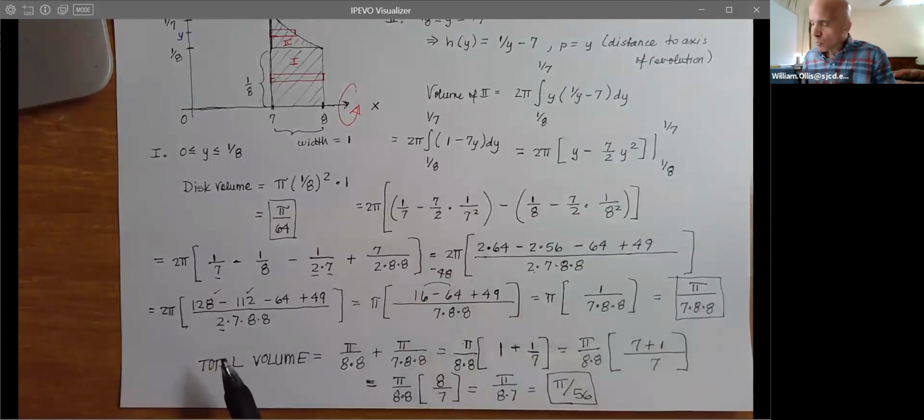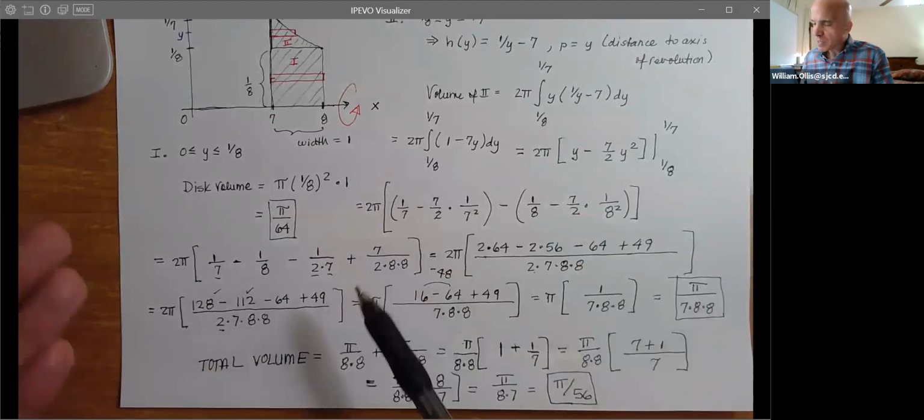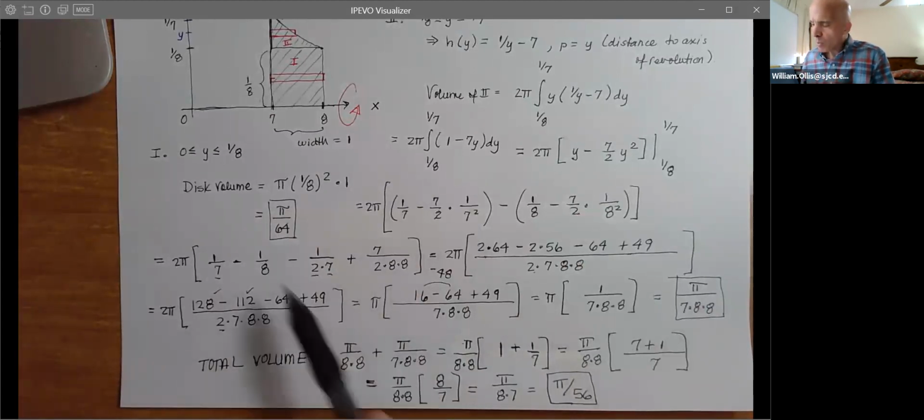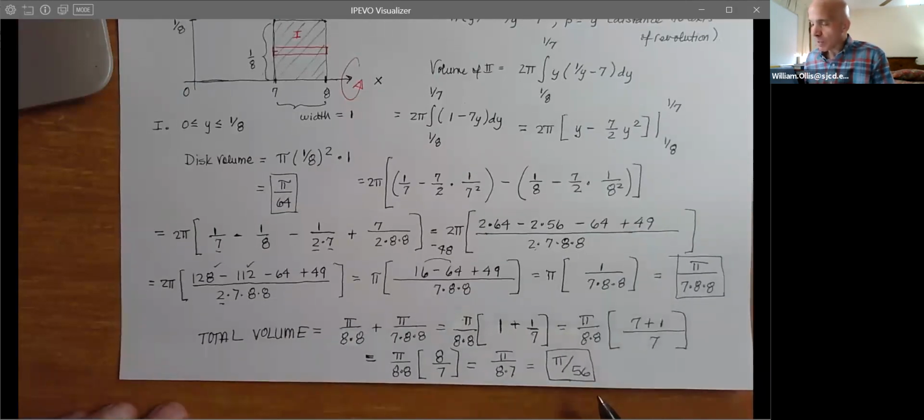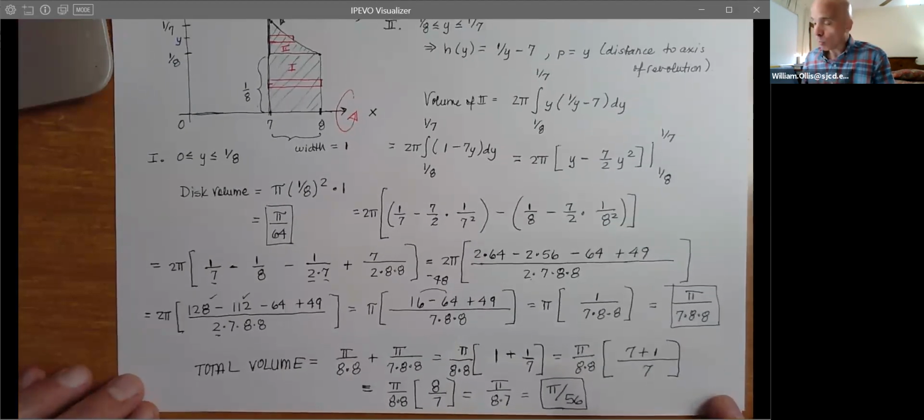A lot of times when I work problems in my own research and I'm working with variables and numbers, I always write things out very cleanly so I can go back and check my work. And even though there'll be times when I feel like I've maybe added more steps, the steps are easy to check. So again, I felt for the student when they asked about this, because I said that's going to be an ugly number, and we get pi over 56, which isn't something that's just going to roll off your tongue.